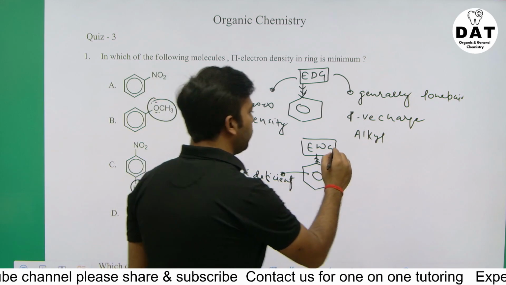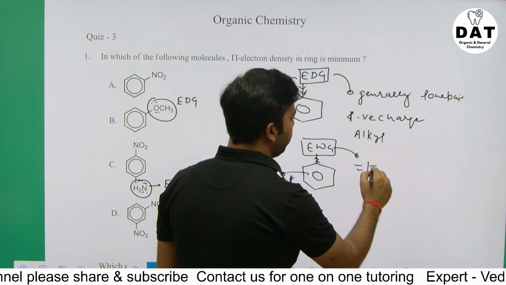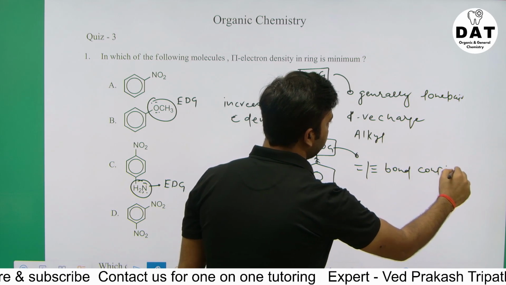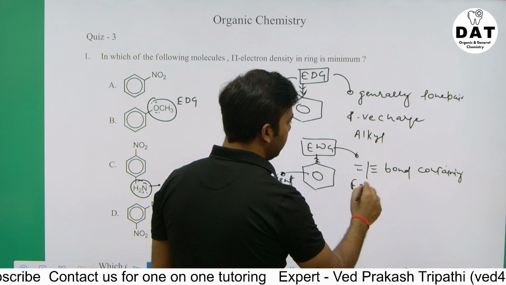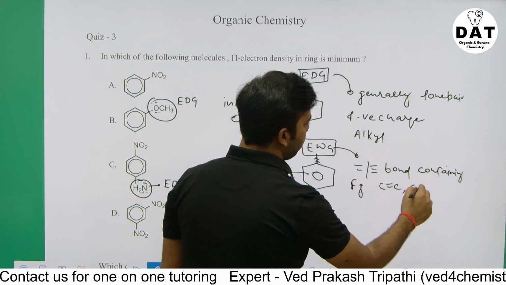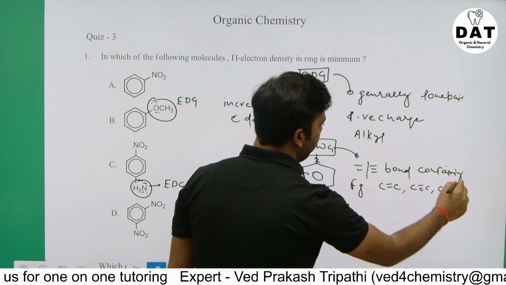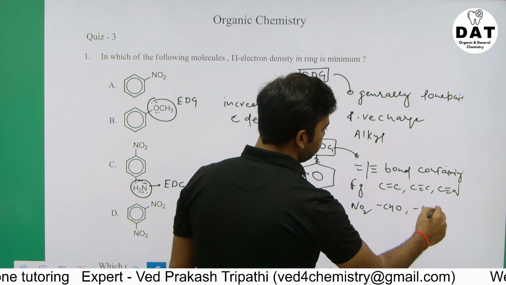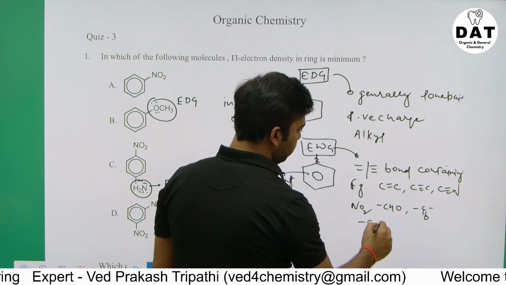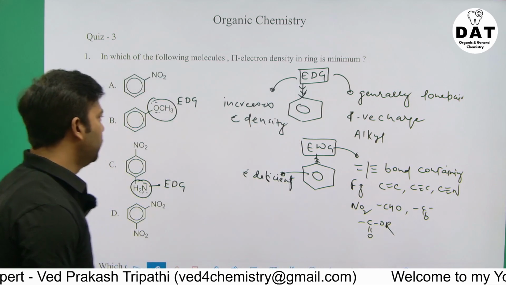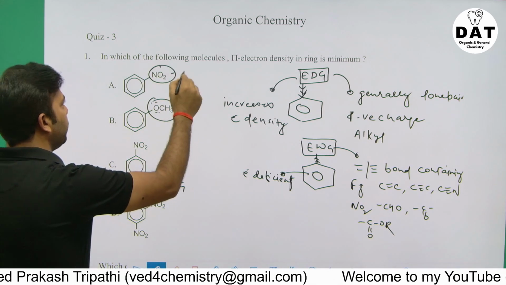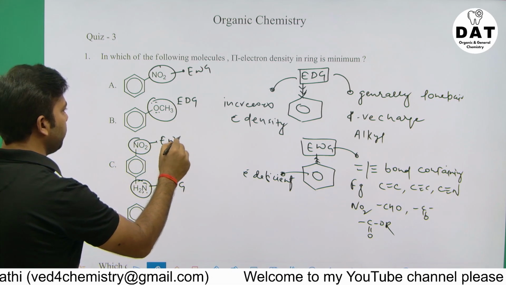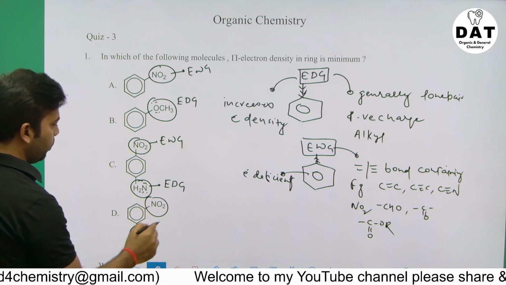These electron withdrawing groups generally contain double and triple bonds, functional groups like carbon double bond carbon, carbon triple bond carbon, C triple bond N, NO2, aldehyde, ketone, ester. Clear? So this is NO2, electron withdrawing. Here NO2 is electron withdrawing, and here both are NO2, so both are electron withdrawing.